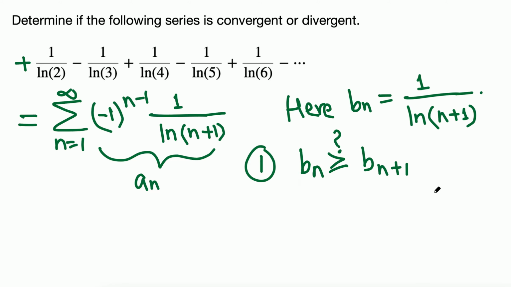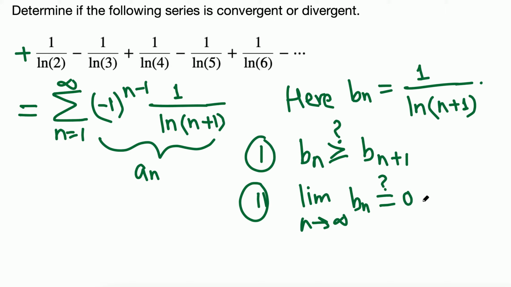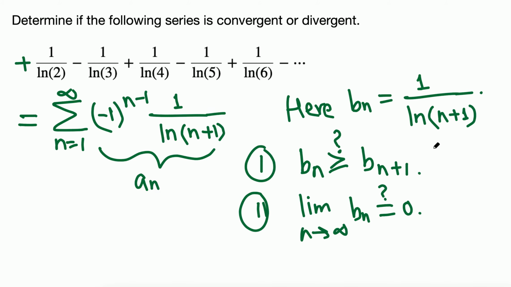Okay, question mark. If that's true, and second, not only do bn's decrease, they have to decrease to 0. So if we are able to show these two things true, then this series converges. Okay, if one of them fails, we cannot conclude anything. We cannot apply the alternating series test.